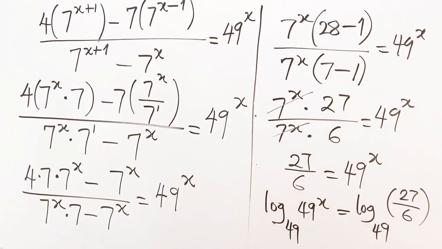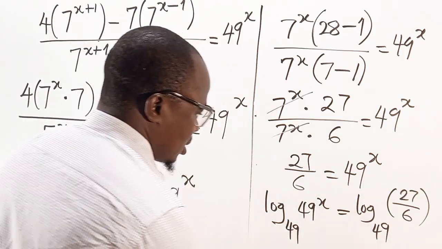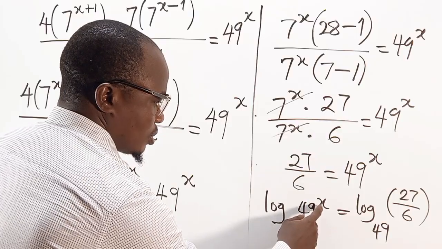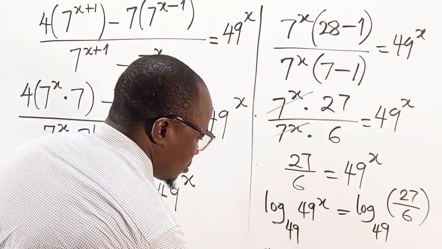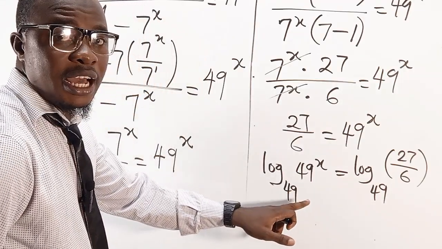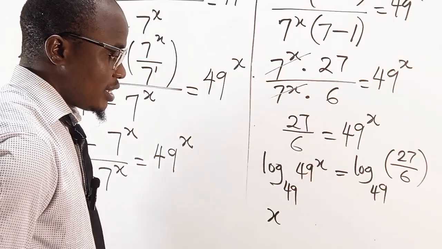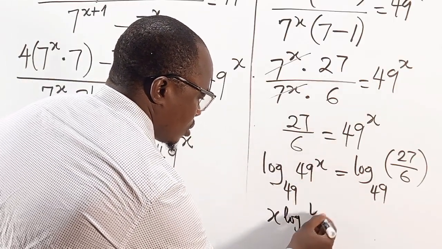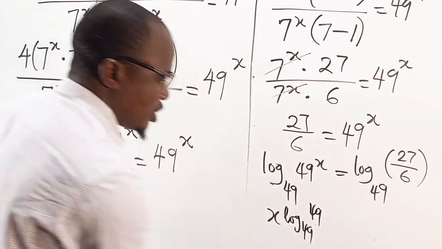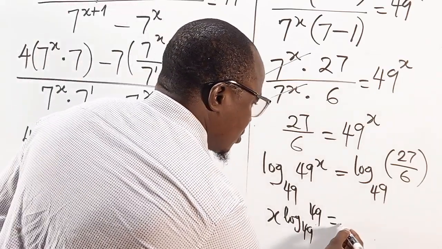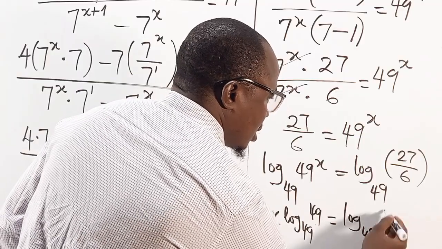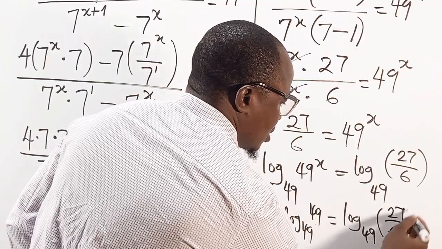So from here, you see that this x now will come down, because log 49 base 49 raised to power x, we're going to have log 49 base 49, then 27 over 6.